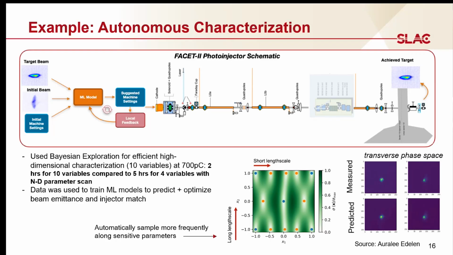But in the context of accelerators, there are certain accelerator parameters that affect the beam distribution a lot more than others. And additionally, we have very tightly constrained parameter spaces. You could imagine that we're trying to propagate this beam down this tube.